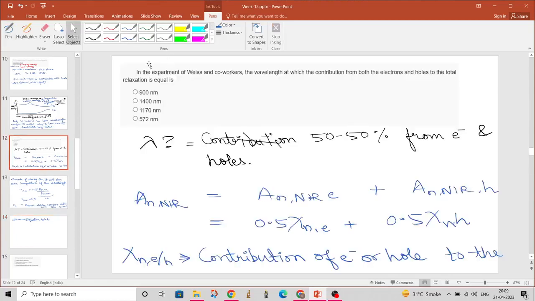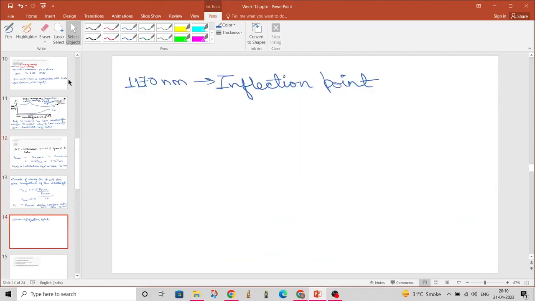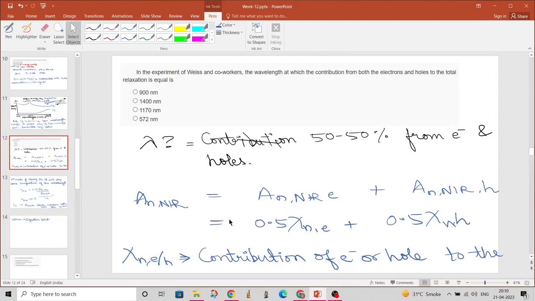Here the question asks at what wavelength the contribution to the total relaxation is equal. So at this wavelength, which is the inflection point, it is equal. So the answer is 1170 nanometers.